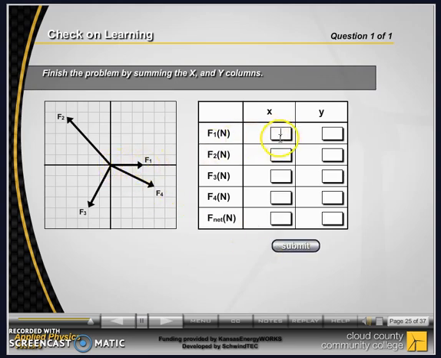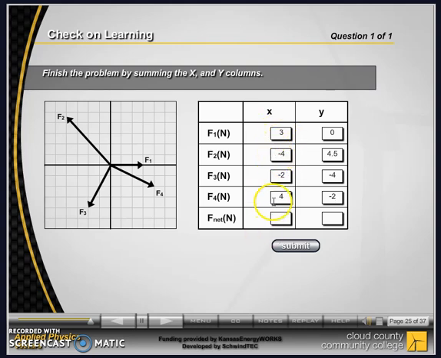1, 2, 3. 0. 1, 2, 3, 4, negative direction. 1, 2, 3, 4.5, positive direction. 1, 2, negative direction. 1, 2, 3, 4, negative direction. 1, 2, 3, 4, positive direction. 1, 2, negative direction.